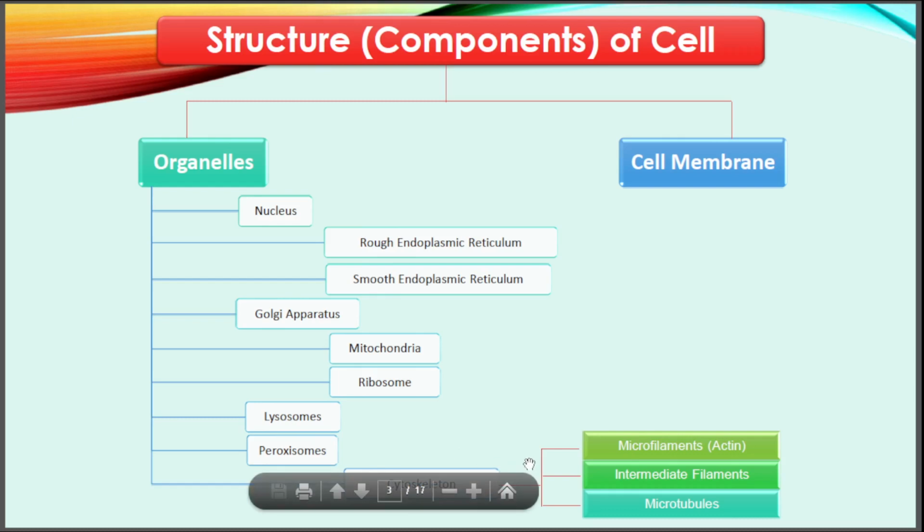Now the cytoskeleton has three parts, that is microfilament, intermediate filament, and microtubules. Now let's discuss each organelle one by one.